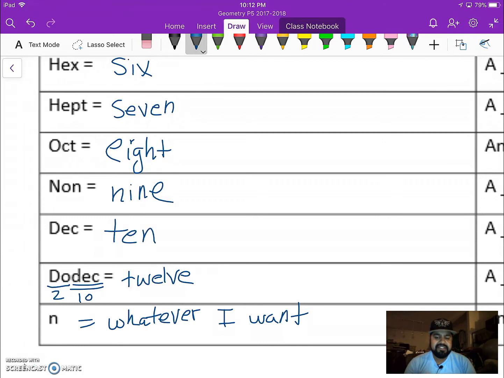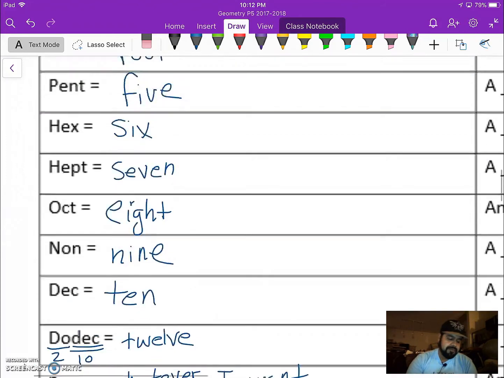Since I'm going to use English numbers in this case, if I want to talk about a 50-sided polygon, I could say a 50-gon. I could say a 700-gon. I could say whatever number that's greater than the ones we've listed.